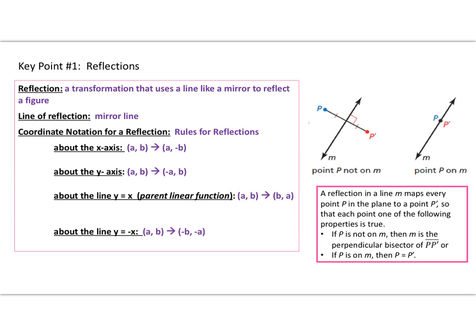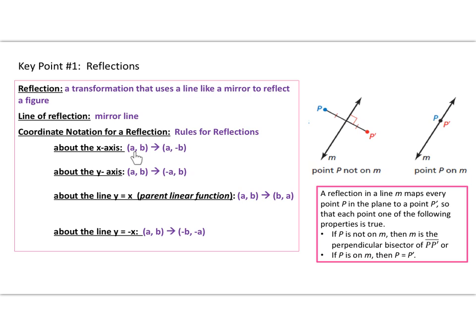Let's take a look at key point number 1, reflections. They are transformations that use a line like a mirror to reflect a figure. That line of reflection, in other words our mirror line, is our line of reflection. We have coordinate notation for a reflection, in other words, our rules. We can reflect about the x-axis, which means the points will change only for the b value. In other words, the y-coordinate is the opposite.